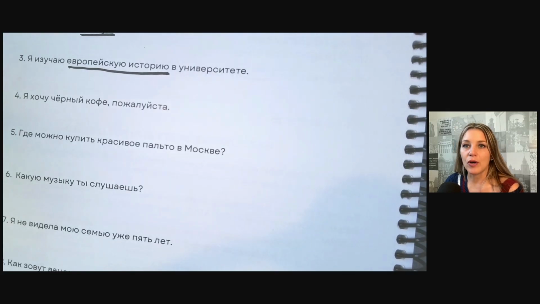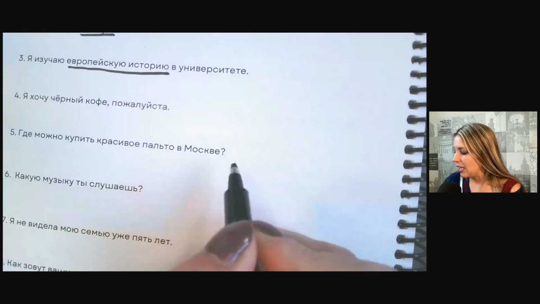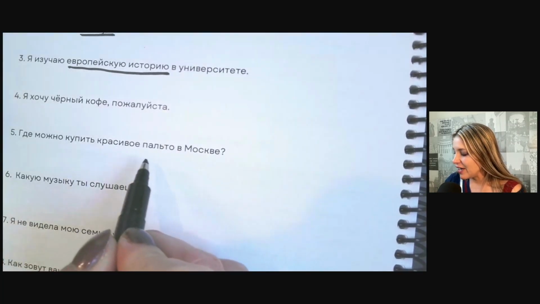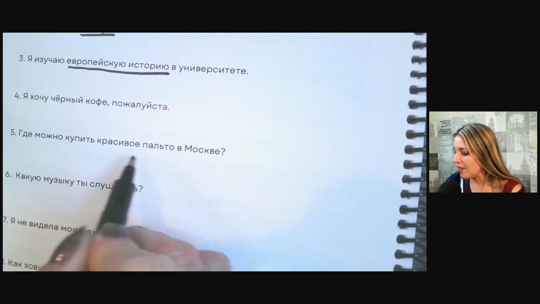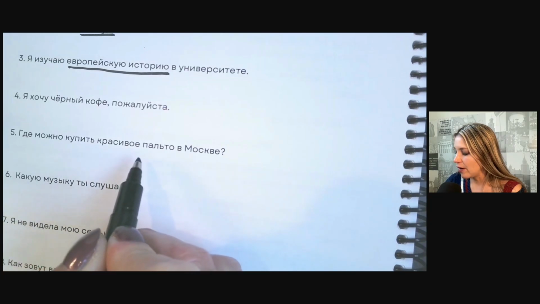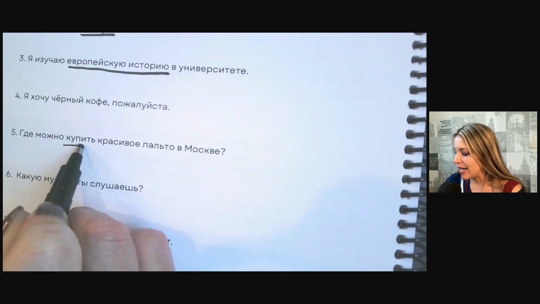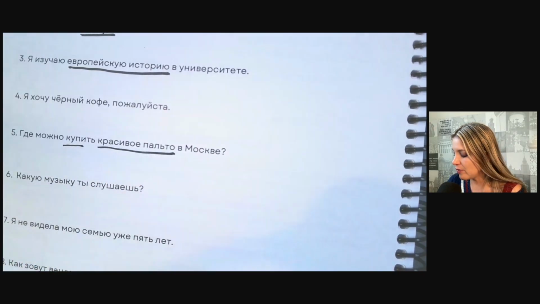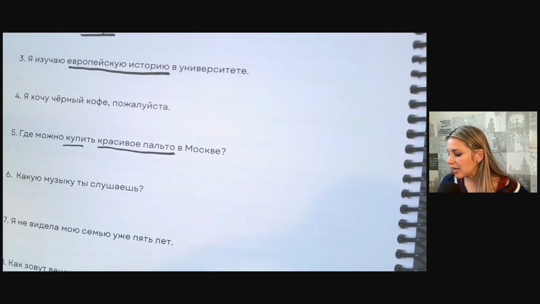Okay, we're saying that we're in Moscow. In which case, that is not a direct object. How about красивое пальто? Are you doing anything to the красивое пальто? Yeah, you're buying it. You want to buy a красивое пальто, which is a beautiful coat, and it doesn't change because it's not a feminine singular.